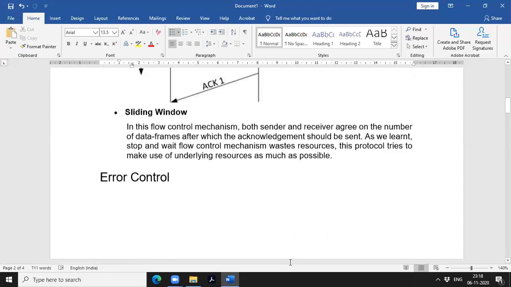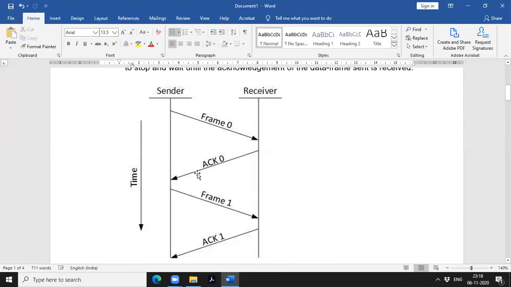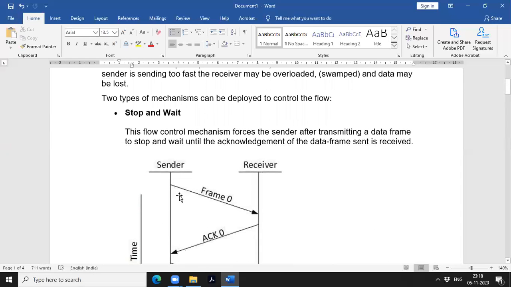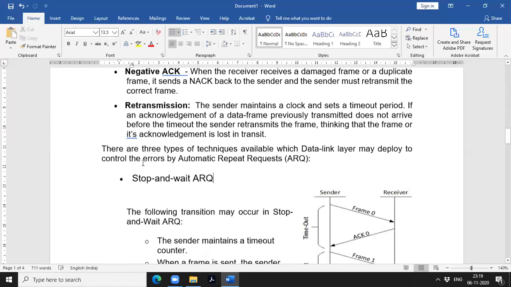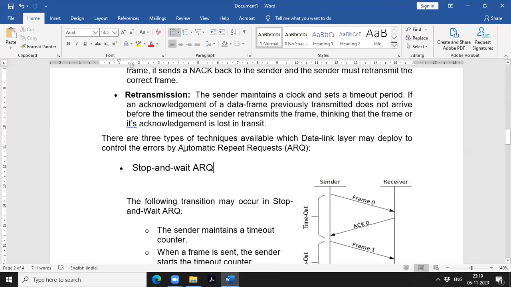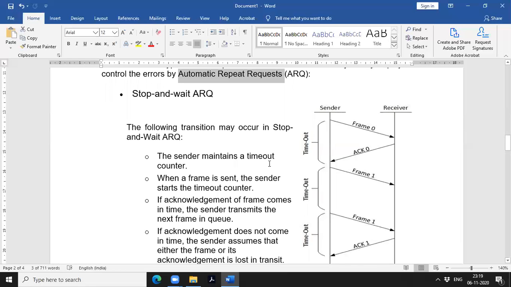In stop and wait protocols, after each frame is successfully transmitted from the sender, the receiver will send back a positive acknowledgement to the sender. Therefore, the sender has to wait for the positive acknowledgement. So in this case, an automatic repeat request protocol is used to receive a positive acknowledgement. Let us see how.